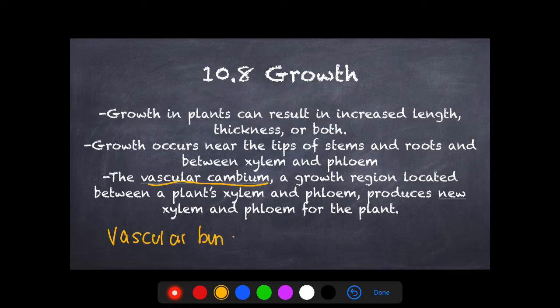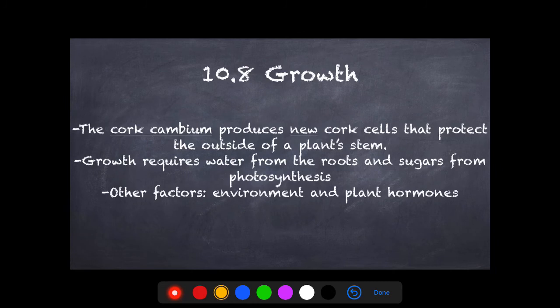Remember when we said that the vascular bundle is when you have xylem and phloem, okay? And so when you have vascular cambium, this is related to the growth and new production of the plant's xylem and phloem. So when we get to the cork cambium, you can think of the production of new cork cells. And this is important because this helps to protect the actual plant, and this makes the outside part of the plant's stem.